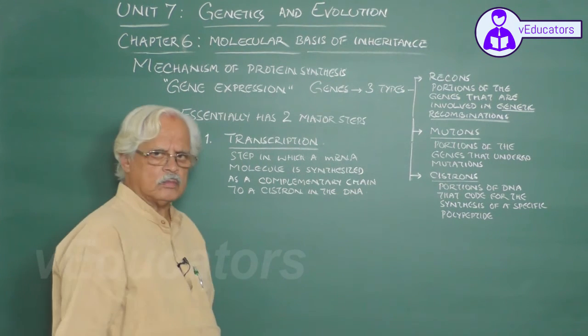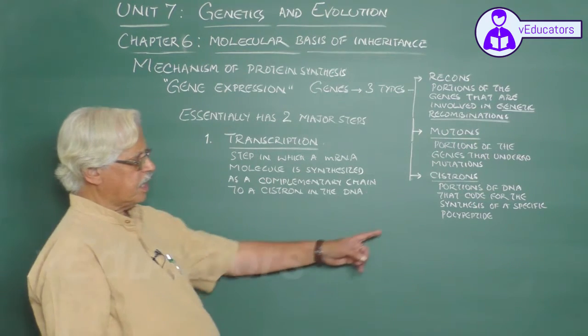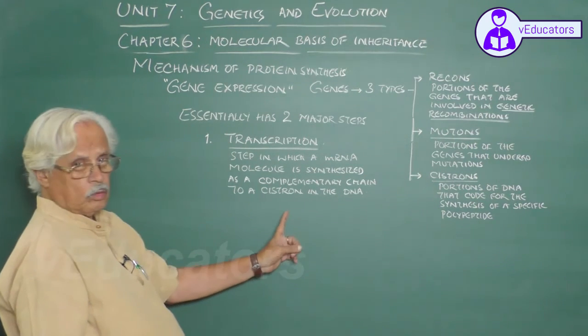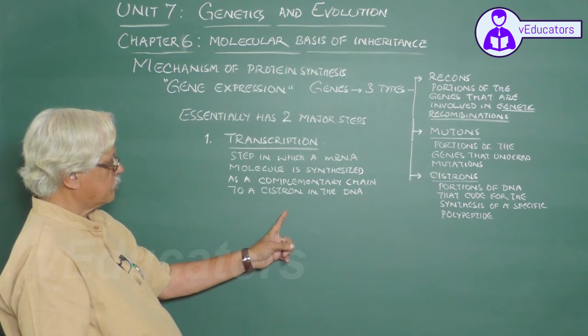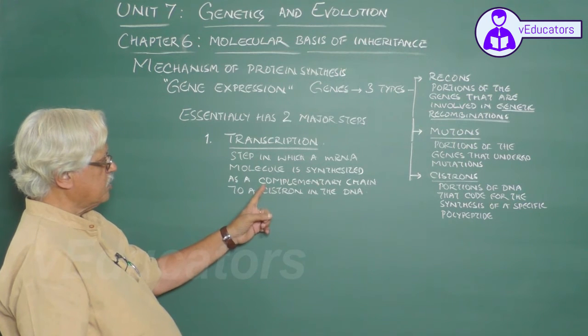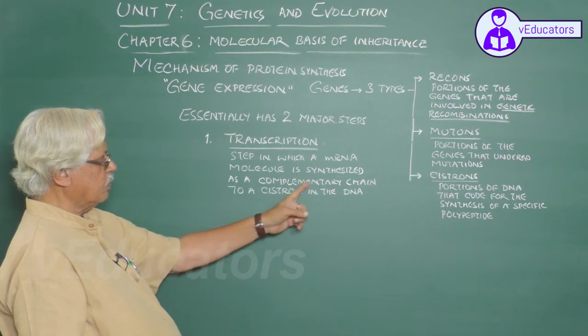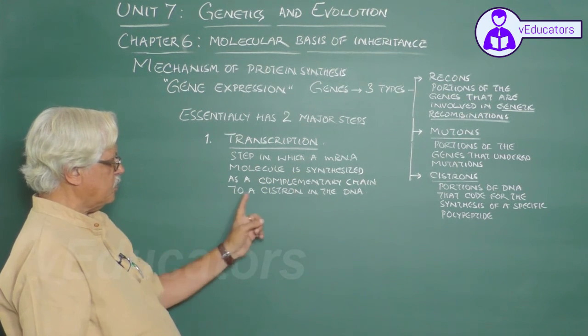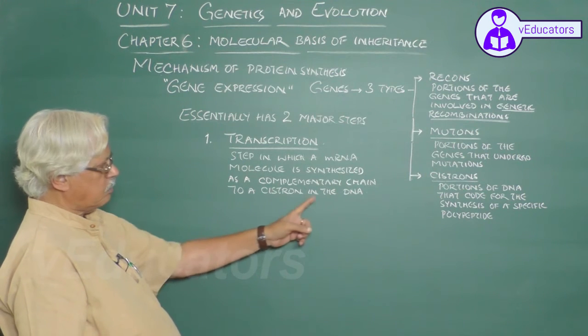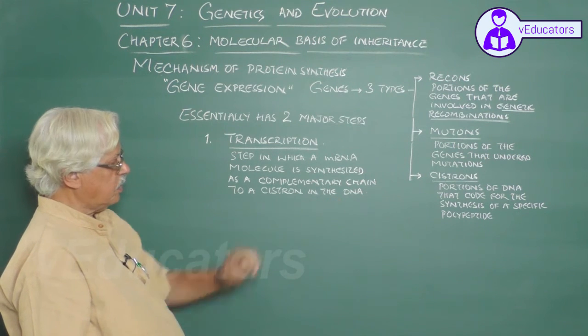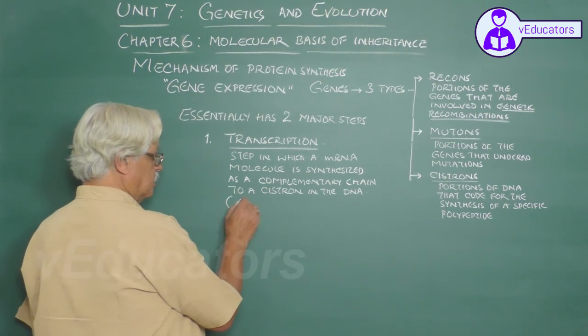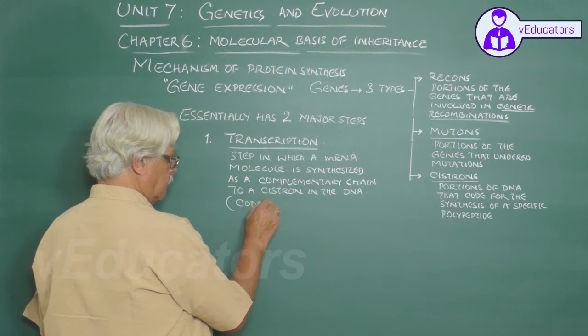Cistron is the portion that carries the code. So transcription is the step in which a mRNA molecule is synthesized as a complementary chain to a specific region of the DNA, the region containing the code.